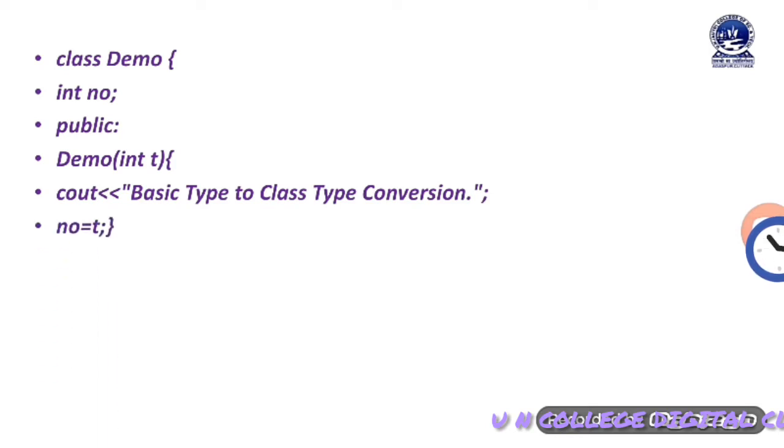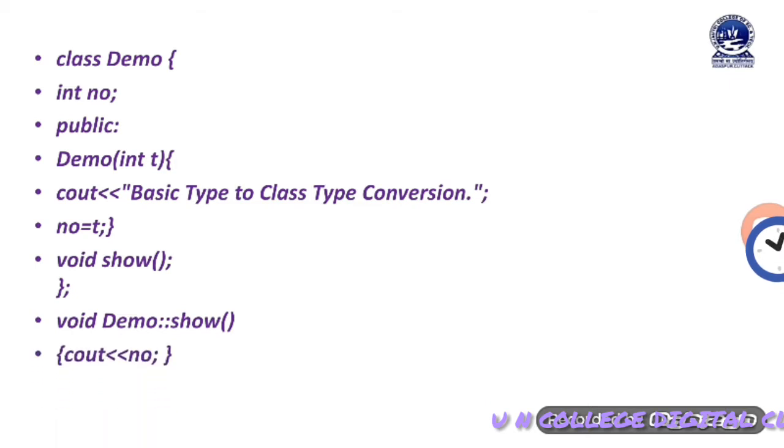Then no = t. Here no is the data member of the class and t is the parameter we are passing to the constructor. Then we have used a void show method, which I am defining outside of the class by using the scope resolution operator. Inside the show method there is only one statement, cout no.